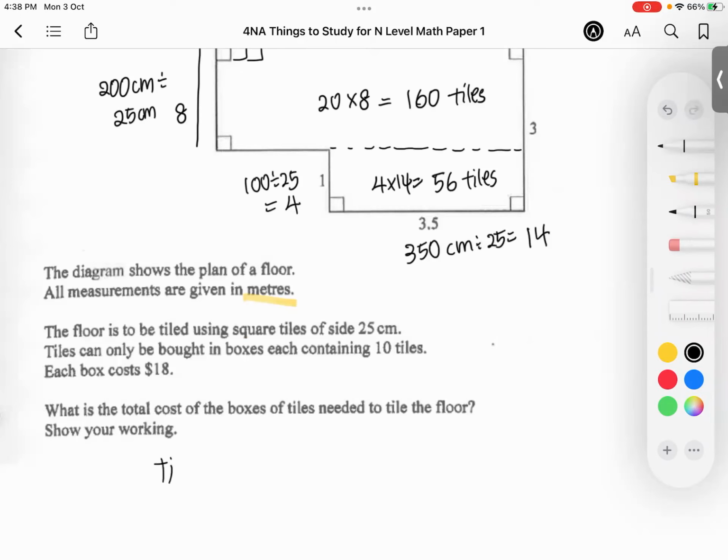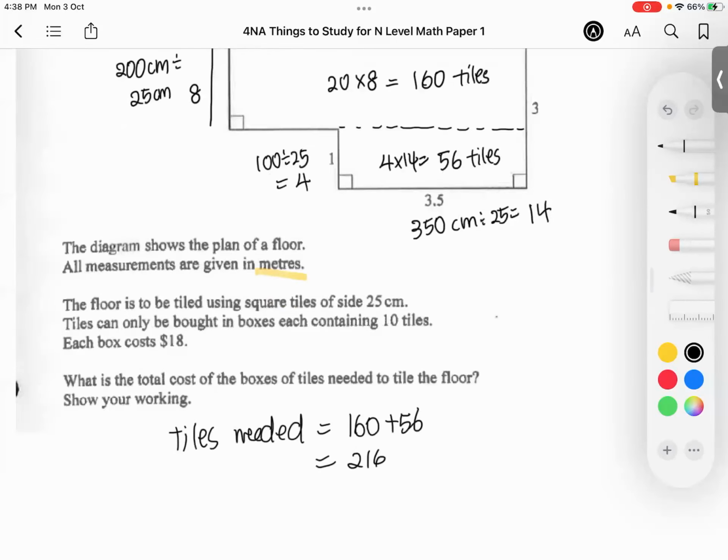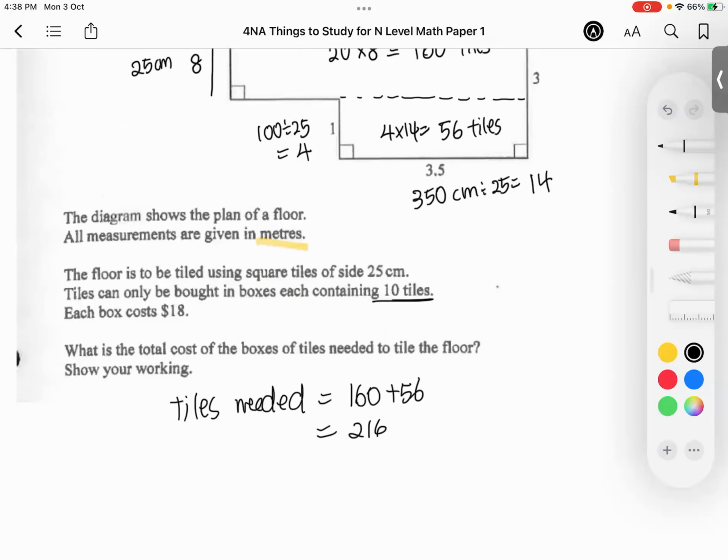Then I add up the total number of tiles that I need. 160 tiles needed plus 56 will give me 216 tiles. Okay, but the tiles can only be bought in boxes of 10 tiles. So how many boxes do I need? Boxes of 10 tiles. I cannot buy only 21 boxes.